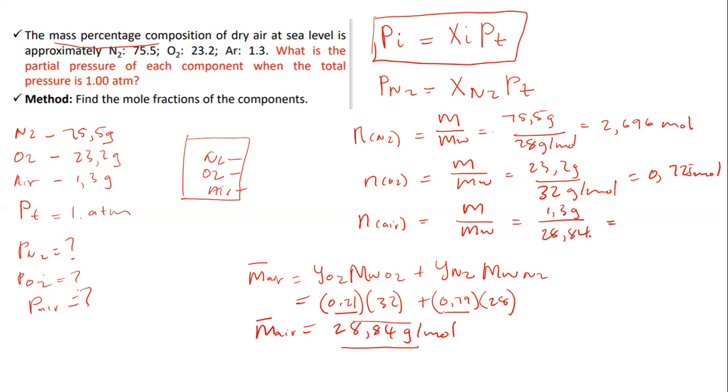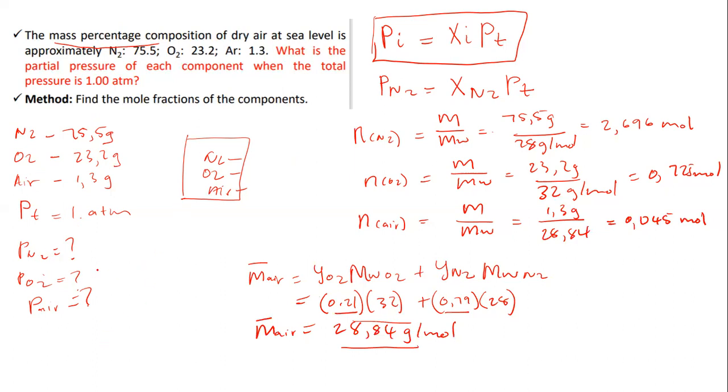When we punch this on our calculator, 1.3 divided by 28.84, it's 0.045 moles, right?